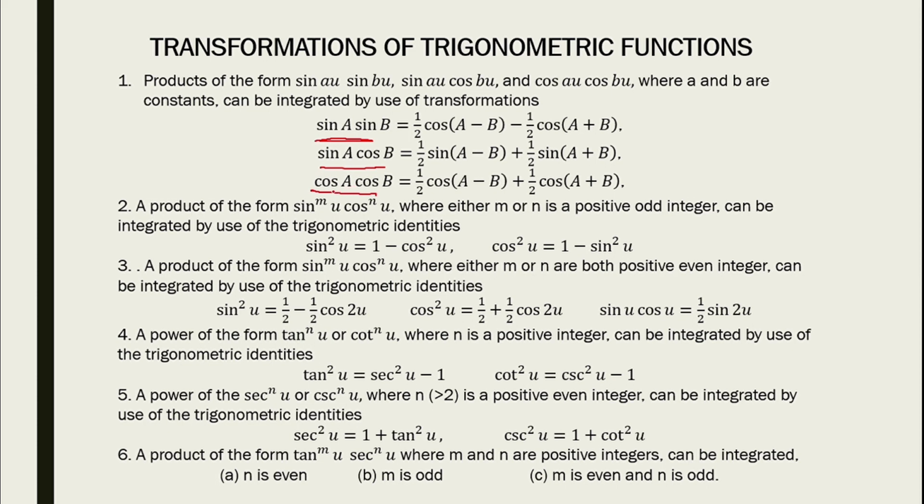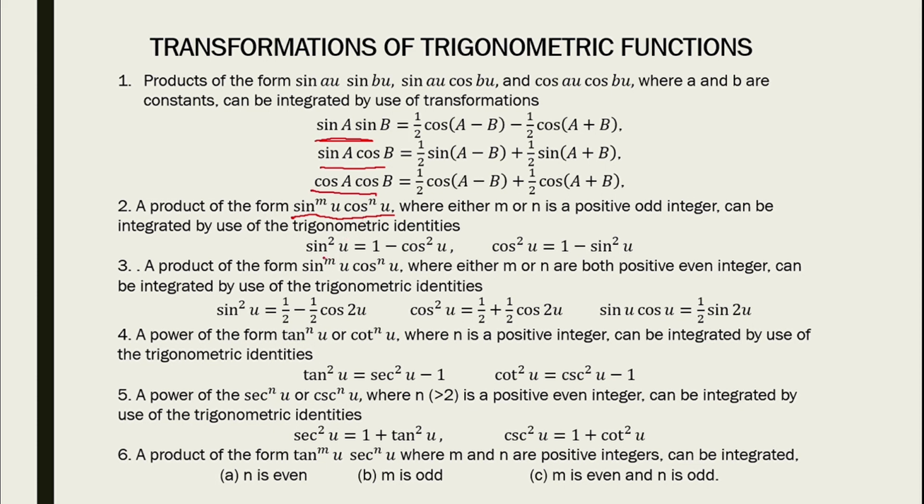The next is the product of the form sin mu cos nu, where either m or n is a positive integer, which can be integrated by the use of these identities.